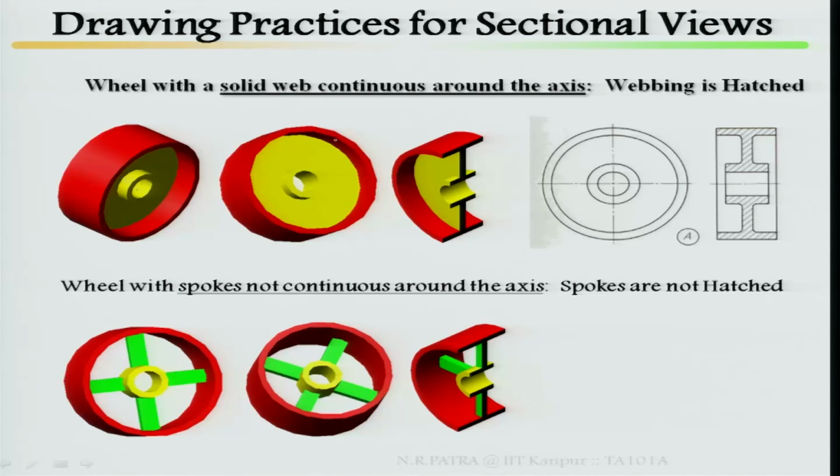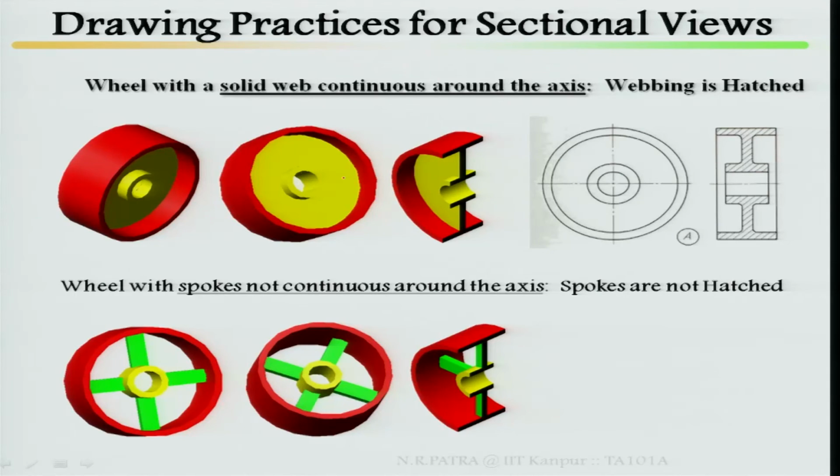Wheel with spokes not continuous around the axis, spokes are not hatched. What is the difference? The first one is a wheel with a solid web continuous around the axis, so it has to be hatched.